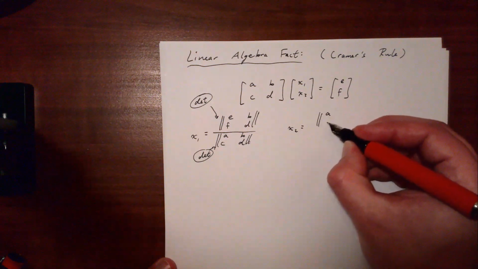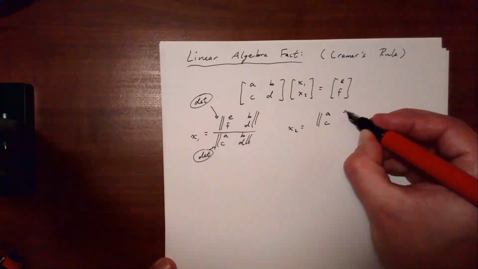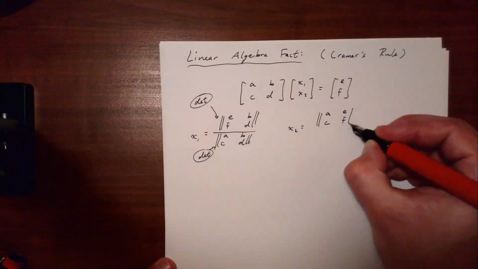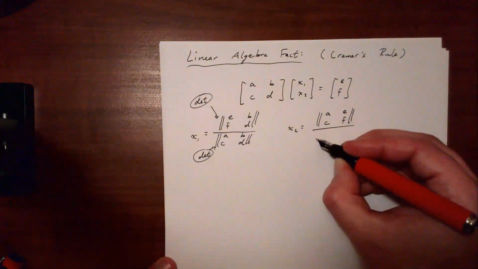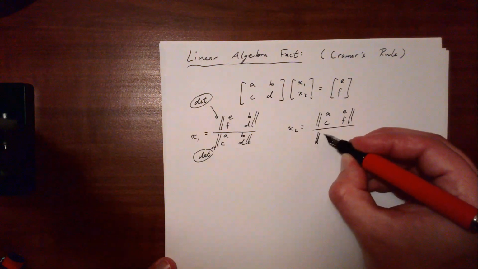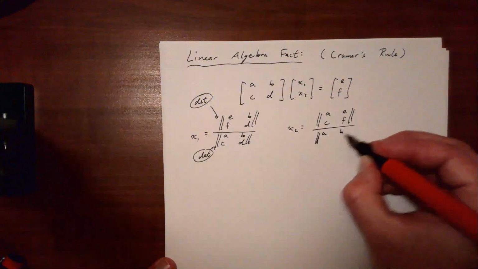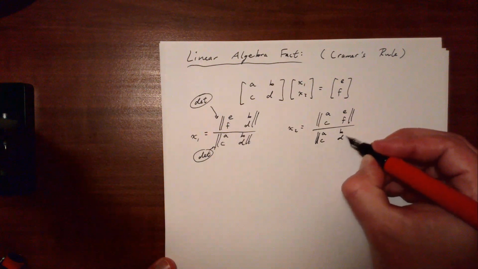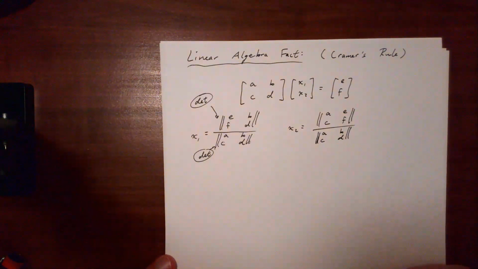So it goes A, C, E, F, divided by, again, just the original determinant.